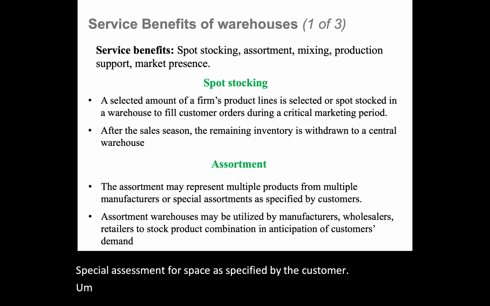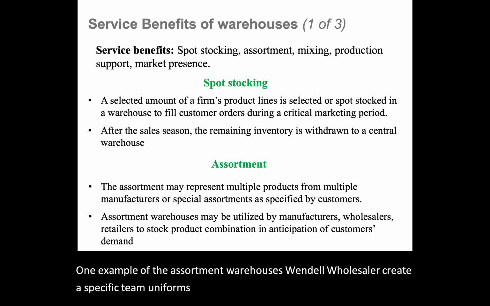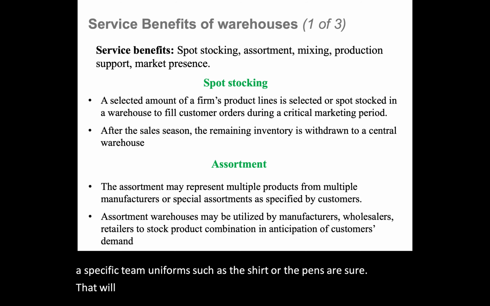One example of an assortment warehouse is when the wholesaler creates a specific team uniform, such as the shirt, pants, or shoes that will be specified by one organization or one team.